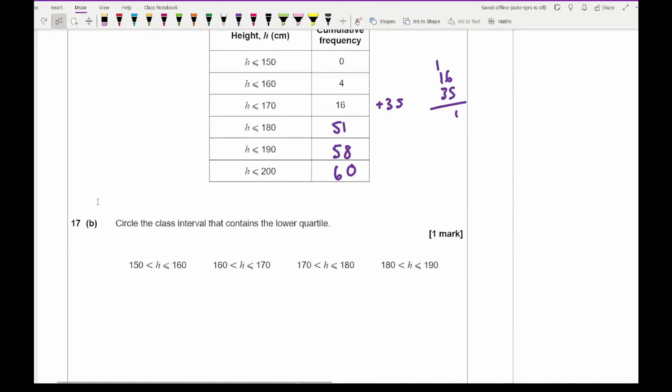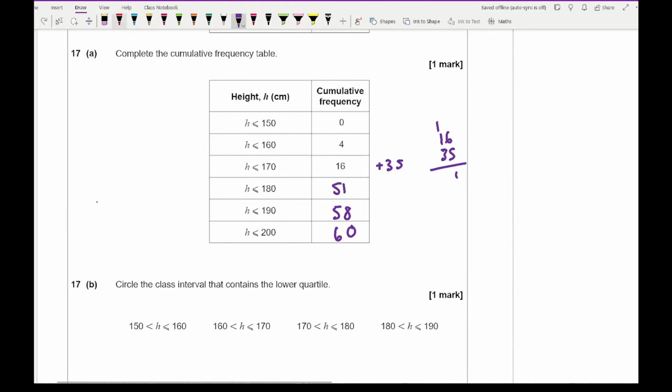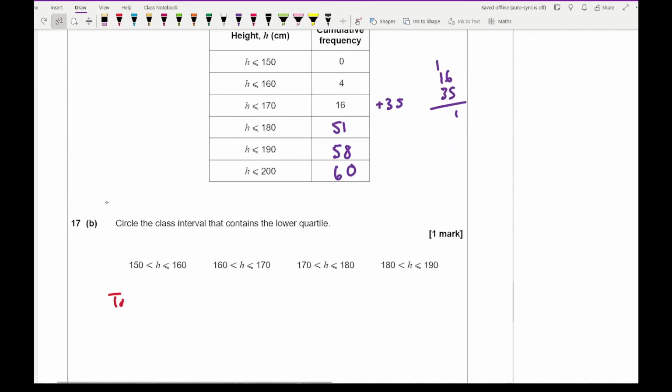It then says circle the class interval that contains the lower quartile. Now for this, the lower quartile, if I look at the total number of data, the total frequency equals 60. So the lower quartile is going to be 60 divided by 4, which is in the 15th position.